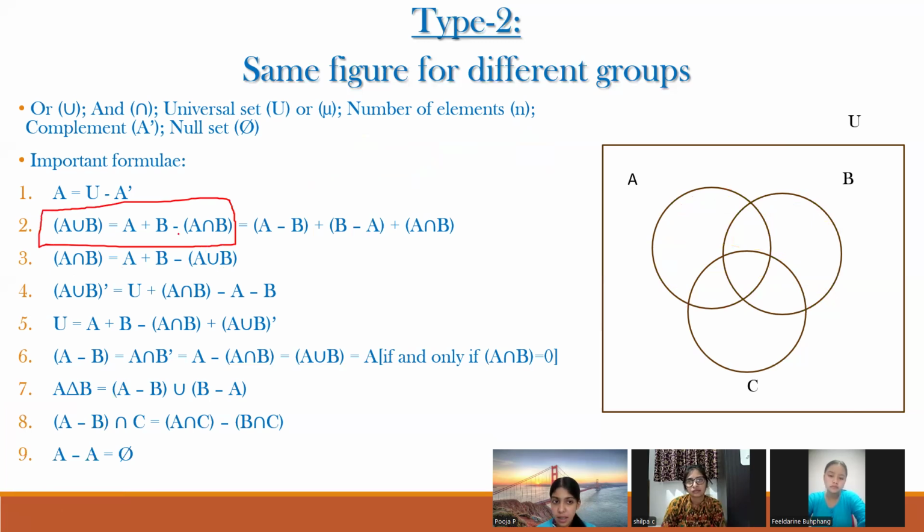The sign here is negative. If it has to come to the other side of the equation, it will become positive. Agreed with me? So what do you get? A union B plus A intersection B is equal to A plus B.